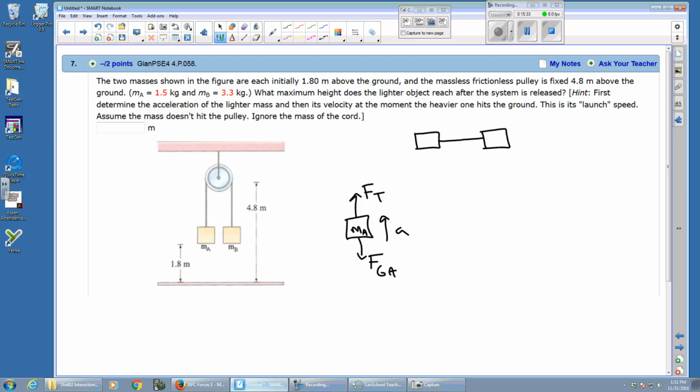So this direction for me is clockwise in my little free body diagram up here. I've got a force this way of Fg for A, and a force this way of Fg for B. My inertia is MA plus MB, and my whole thing is accelerating in that direction.